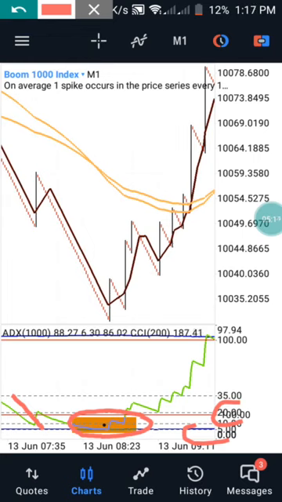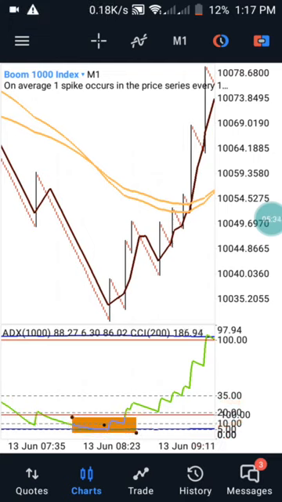You see, anytime your Commodity Channel Index is reaching closer to your 5 level, to your 10 level, and it was below the negative 100, then this is the right time for you to enter.